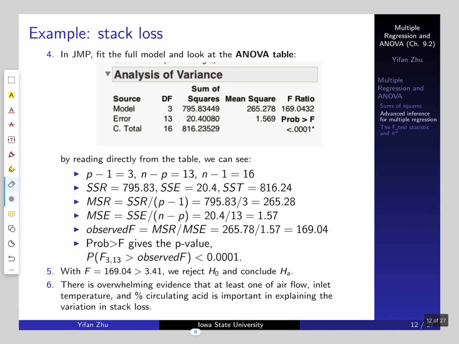And the observed F statistic can be found in the JMP output. If you look at the ANOVA table in the JMP output, the F statistic is this F ratio here. And this Prob greater than F is the p-value for this test.